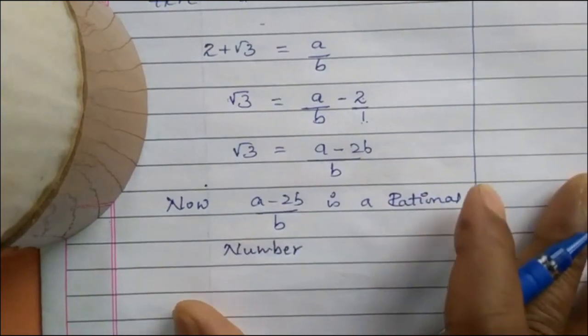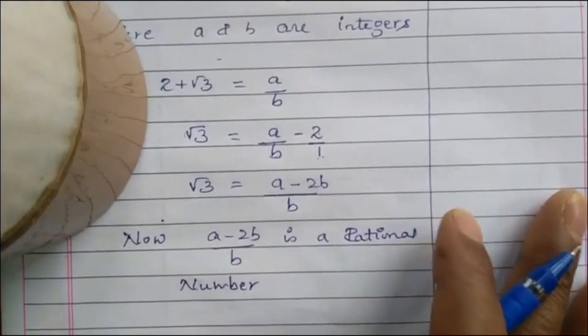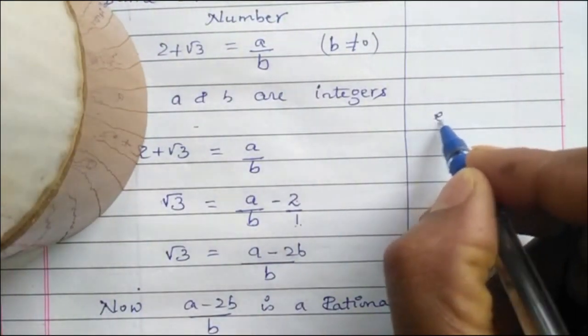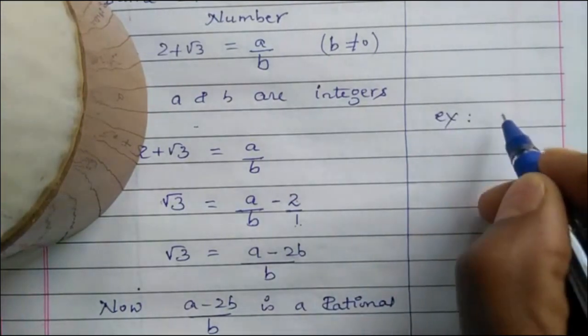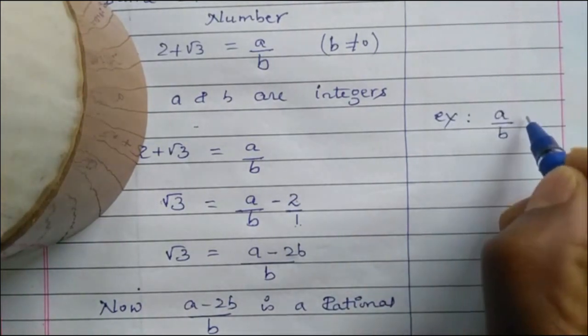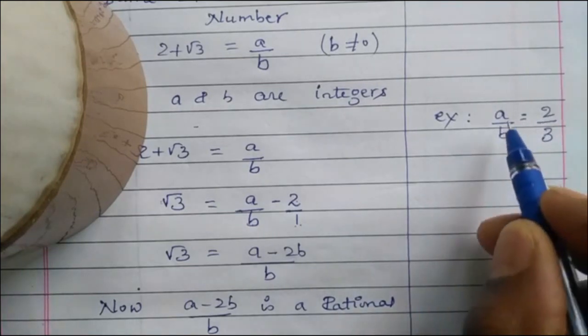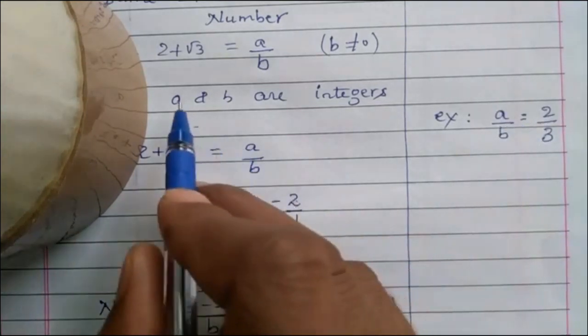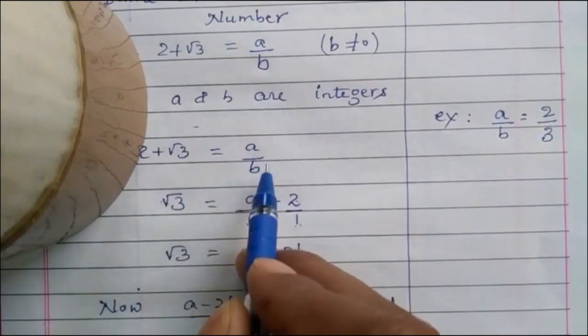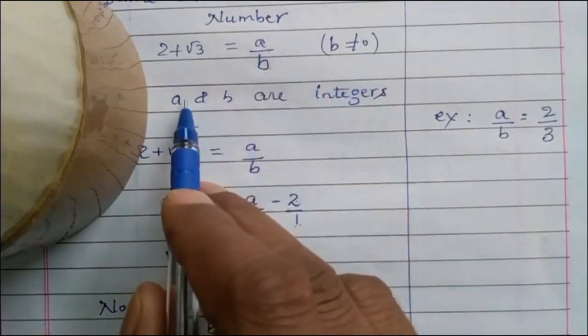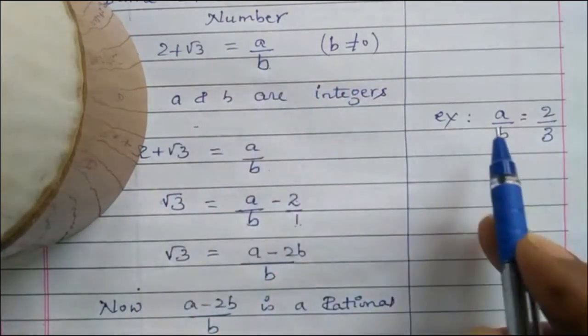How? Let us take an example. In a by b, take a as 2, b as 3. A by b is a rational number, where a and b are integers.